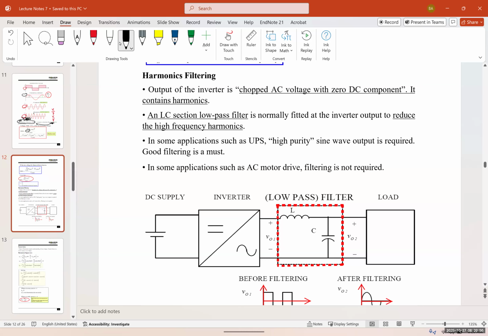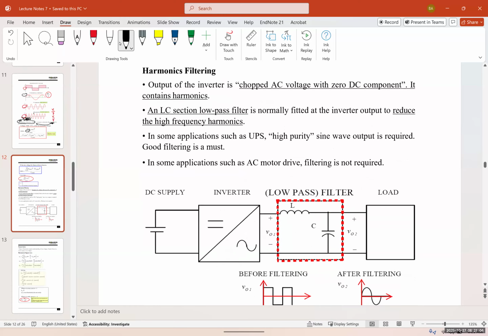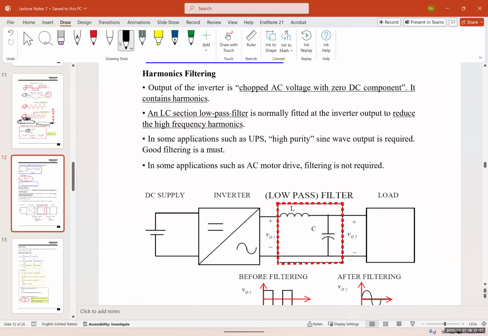As we know, the output of the inverter is a chopped AC voltage with zero DC component, and it contains harmonics. An LC low pass filter is normally fitted at the inverter output to reduce the high frequency harmonics. In some applications, such as UPS, a high purity sine wave output is required. So good filtering is a must.